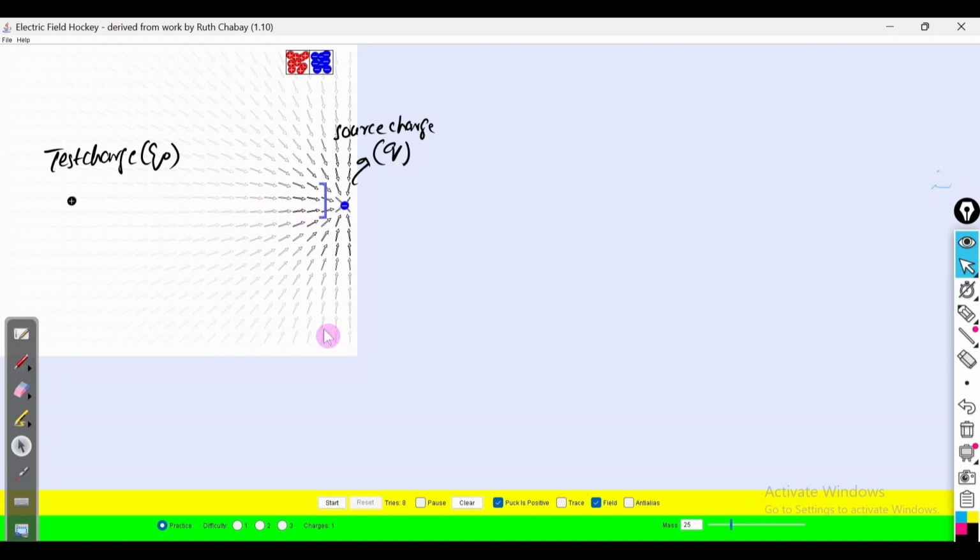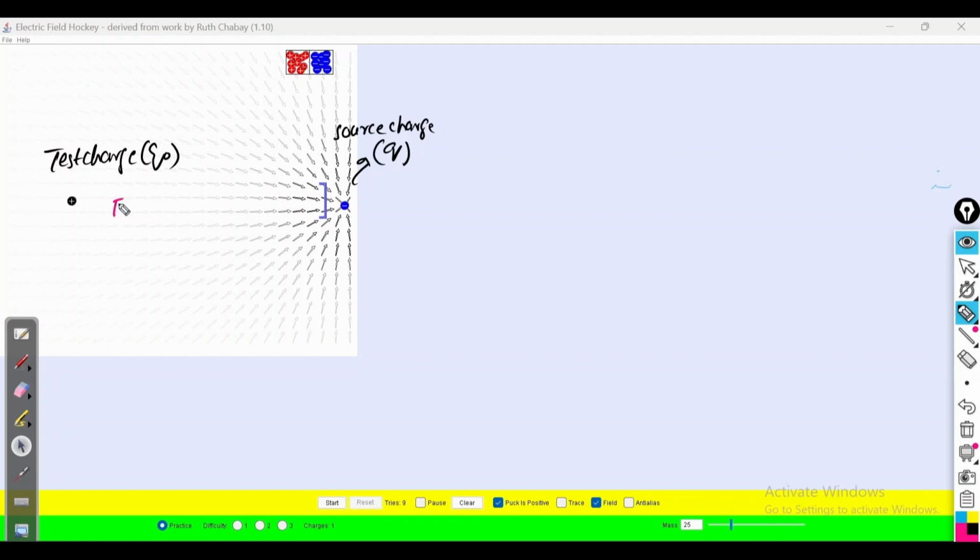Let's see that again. Focus on the speed of this positive test charge. It is increasing as we go near to the source charge. In other words, the force on this positive test charge is increasing as we come near to this negative charge.